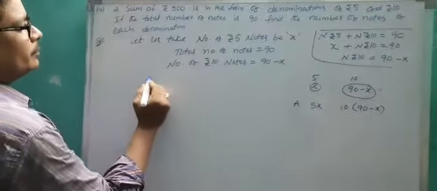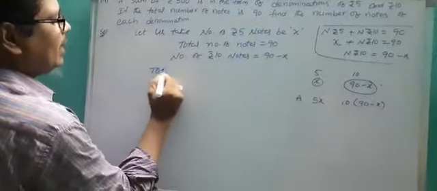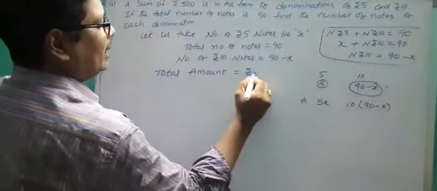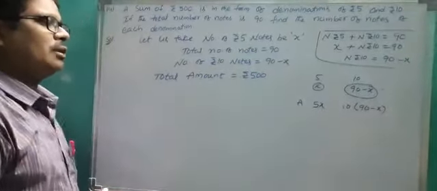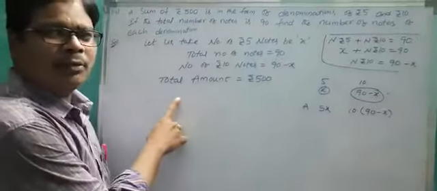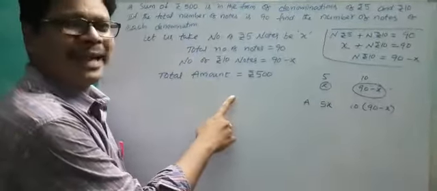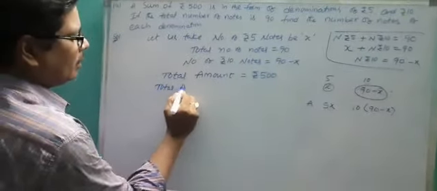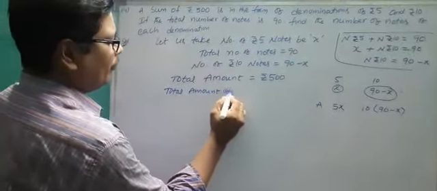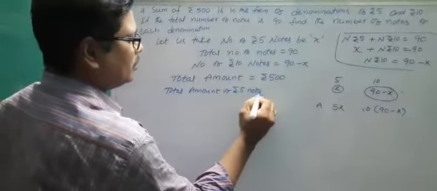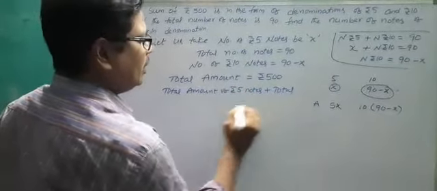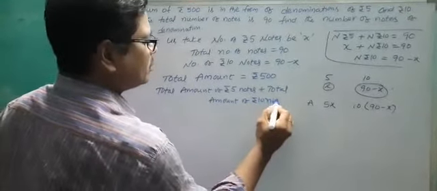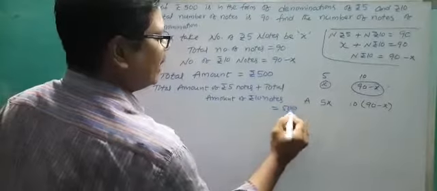So total amount equal to 500. Total amount 500 means total amount of 5 rupee notes plus total amount of 10 rupee notes is equal to how much? 500.